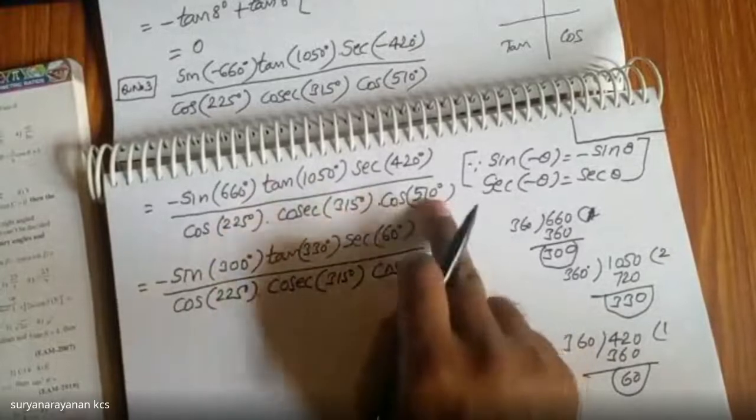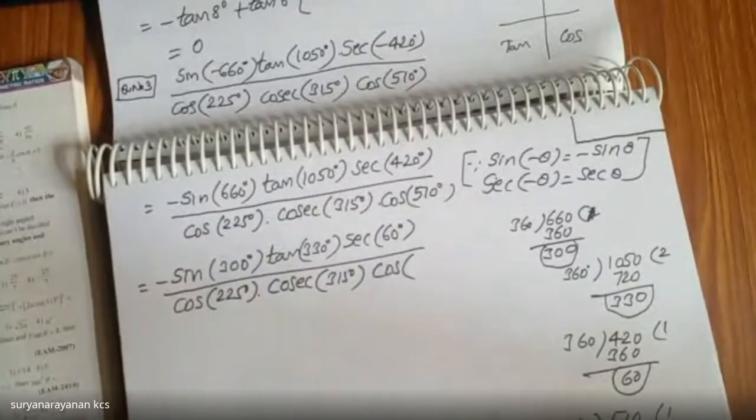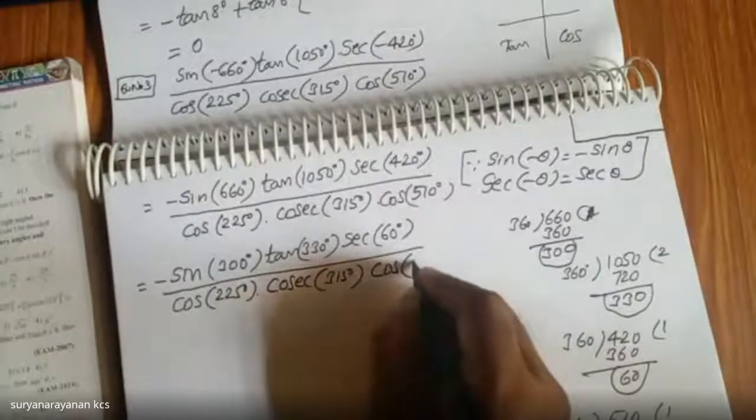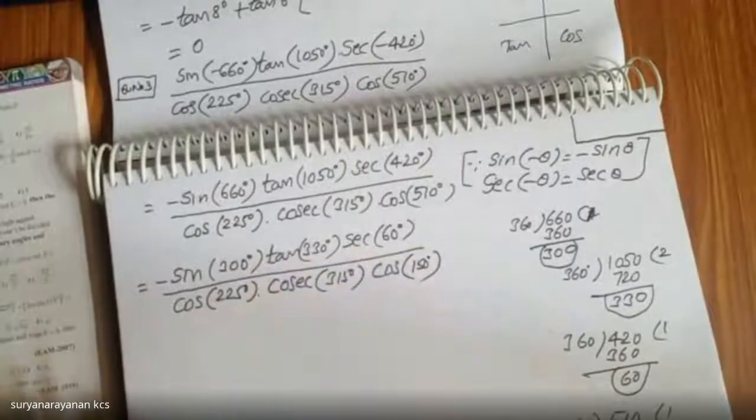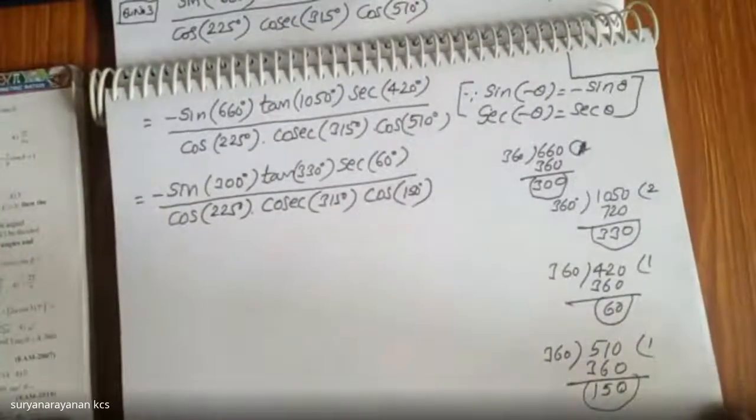This 510 is also more than 360 degrees. Divide 510 by 360. One time. What will you get here? Remainder 150 degrees. Yes or no? We get 150 degrees.